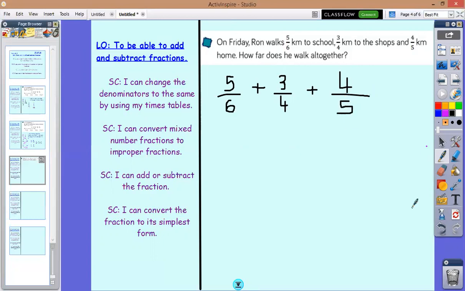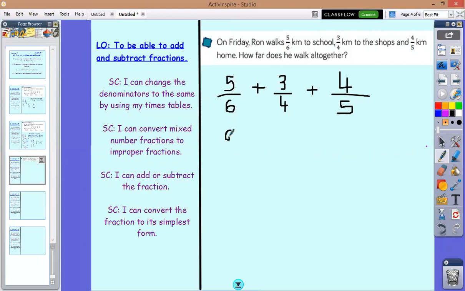Now I can see here straight away that this is going to be slightly tougher because they've all got different times tables, which is what was going to happen anyway. So let's go through. I could try and work out what would be the right one for each one. So let's have a think. I can write my times tables out, so I can go till I get there.